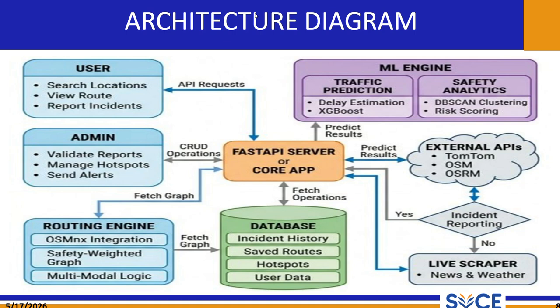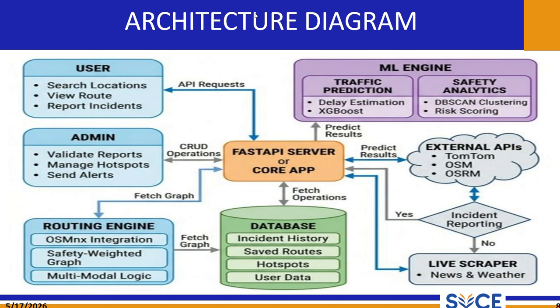In the ML engine, this is the intelligence behind our system. It has two main components: traffic predictor and safety analytics. In traffic predictor, we use the XGBoost algorithm to estimate delays and predict congestion with 75.5% confidence.